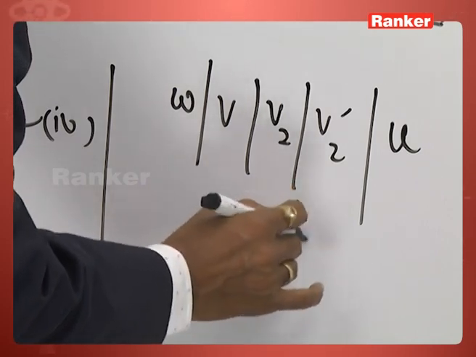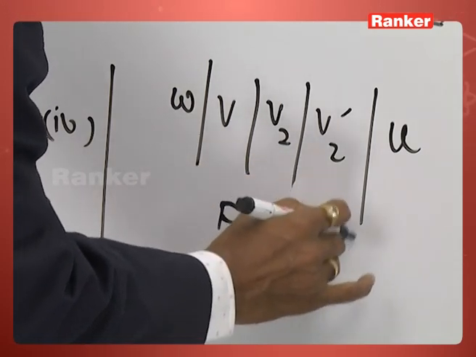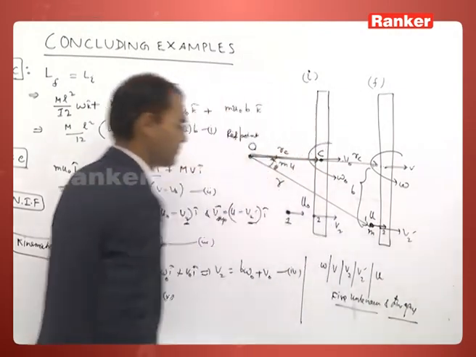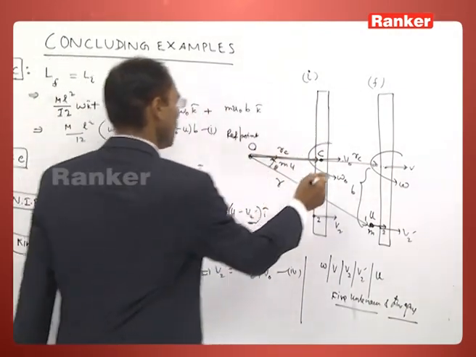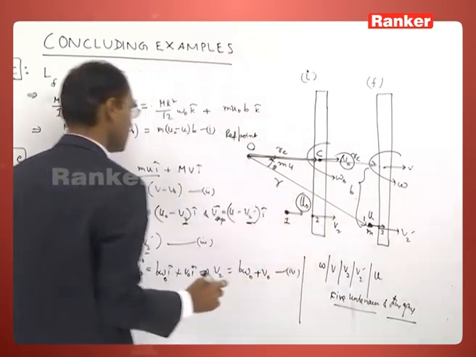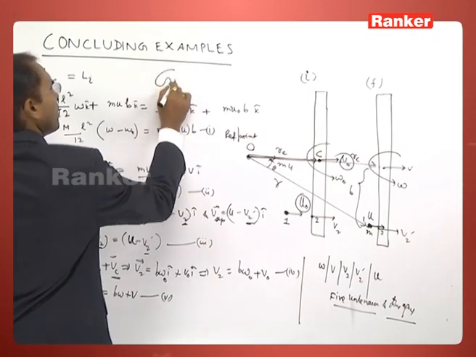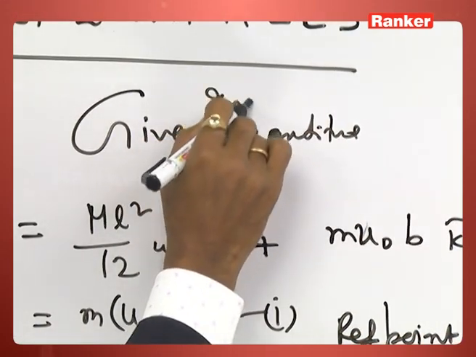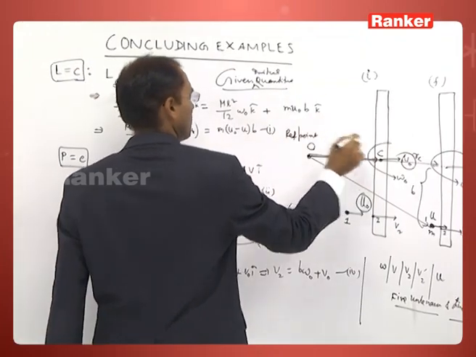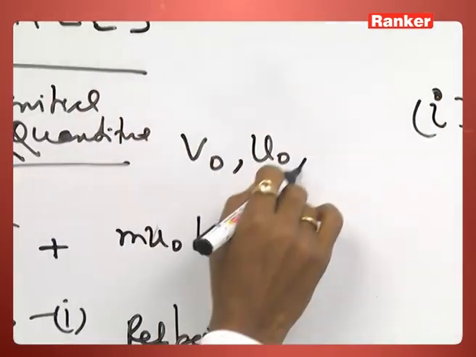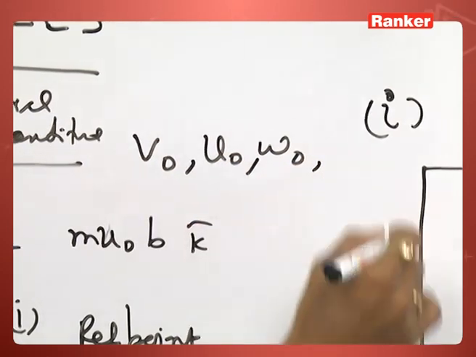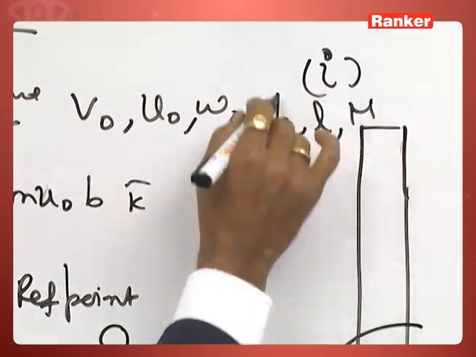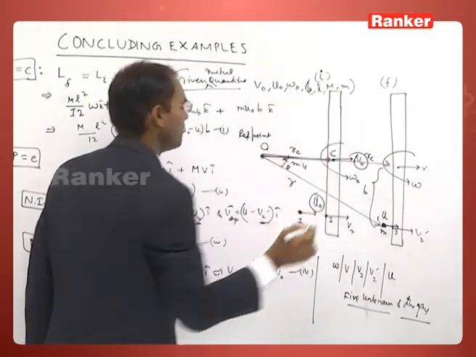These are all known quantities, given initial parameters: v naught, u naught, omega naught, and of course the dimensions b, L, mass of the rod, mass of the particle.